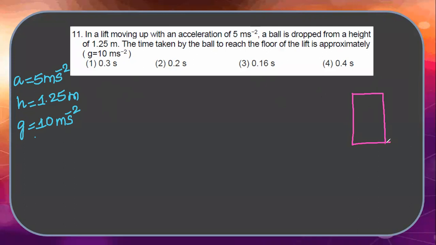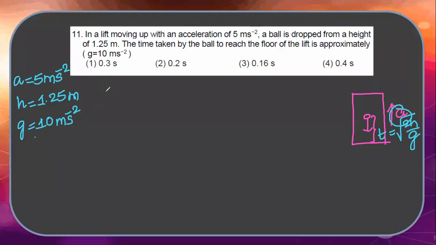Let us suppose this is a lift moving up with an acceleration, and a body is dropped. The general equation for the time taken by the body to fall a height h is the square root of 2h divided by g. But it is moving with an acceleration a, so we have to add a also.